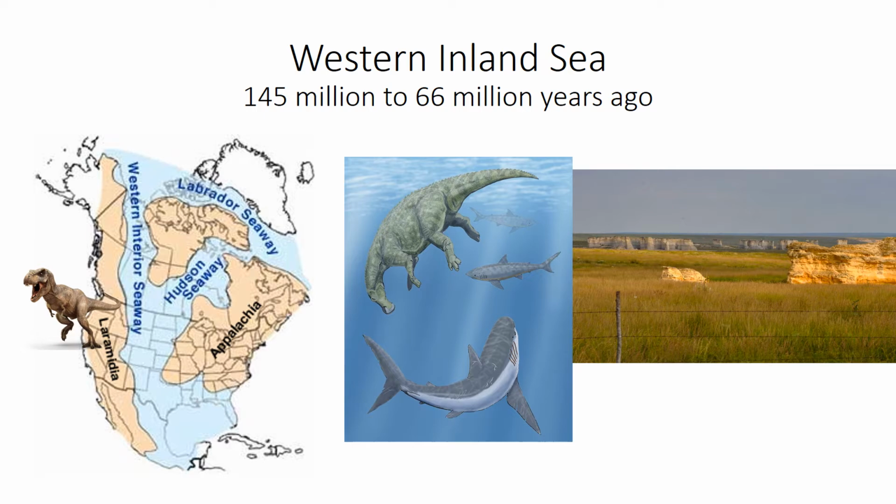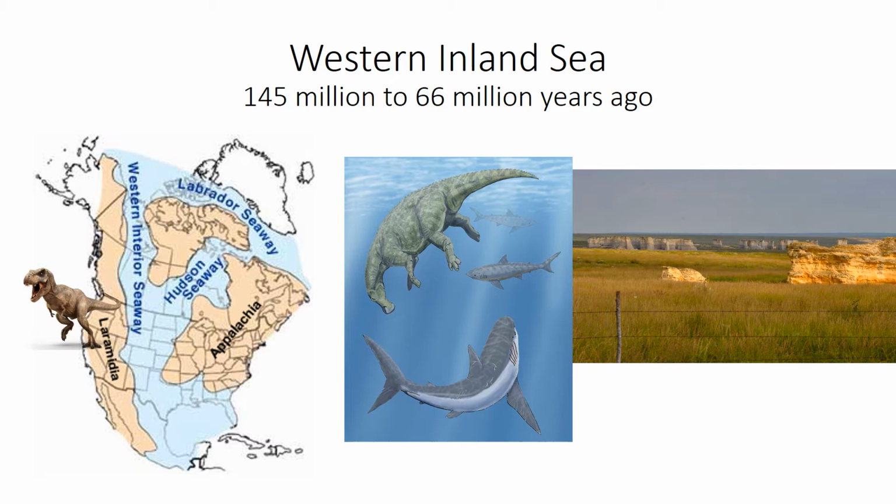To the right, I think that's in Kansas, that's rock formations that you can find on the plains that have that distinctive look to them, that are actually the result of sediment building up on the sea floor millions of years ago when it was a sea.